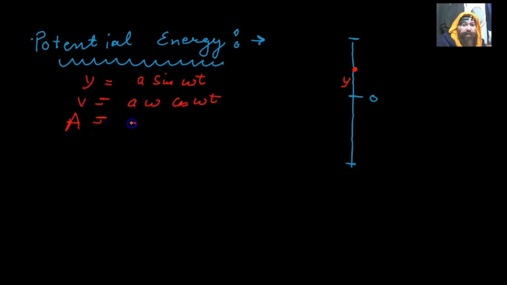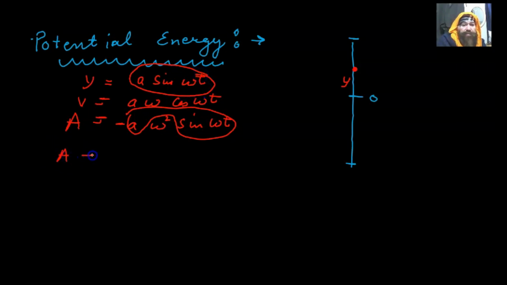Acceleration is minus a omega square sin omega t, and a sin omega t is y. So the acceleration we already derived is minus omega square y. The negative sign shows the acceleration pulls the particle towards the mean position.